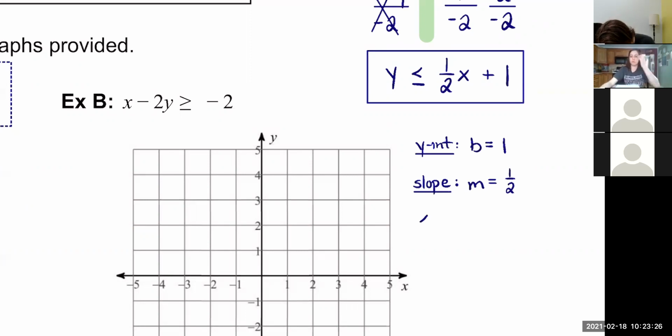And then considering the inequality sign, this time being a less than or equal to symbol, it's going to tell me 2 things. First off, we're going to use a solid line. And then from that solid line, we're going to shade below it.